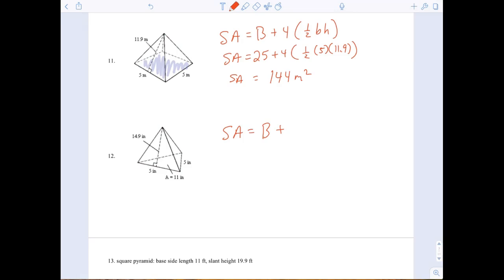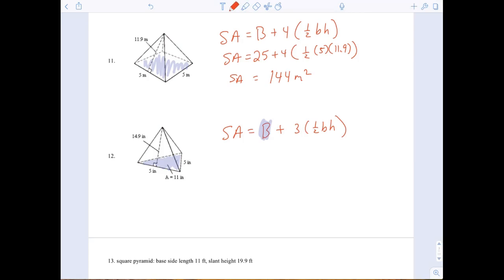Right. So it's going to be 3 times 1/2 base times height. I know, but this triangle down here is considered the what? That's right. That's the area of the base. You see what I'm saying or not?